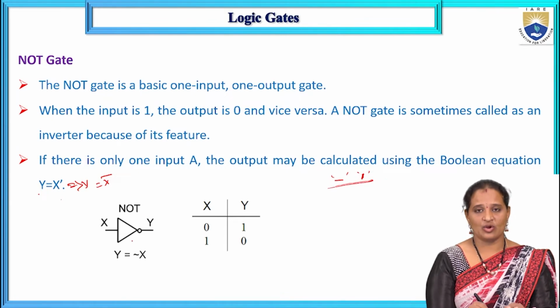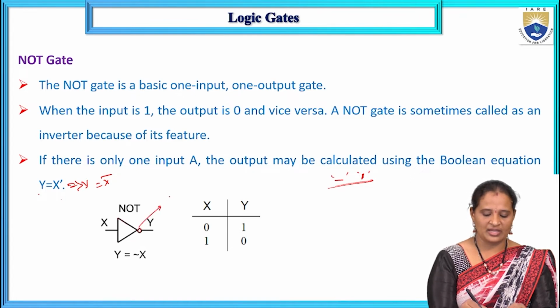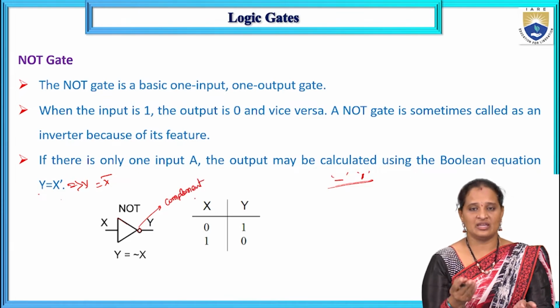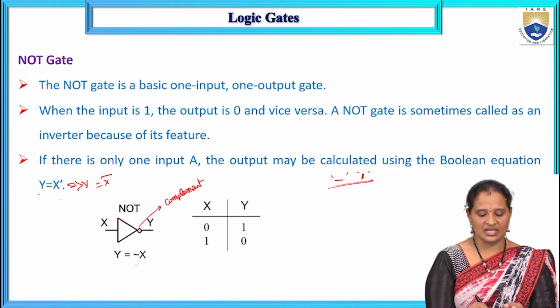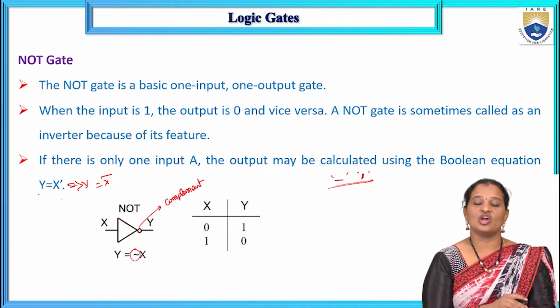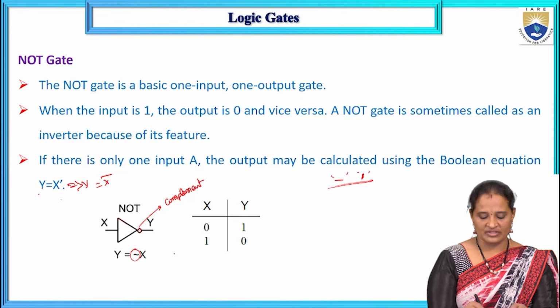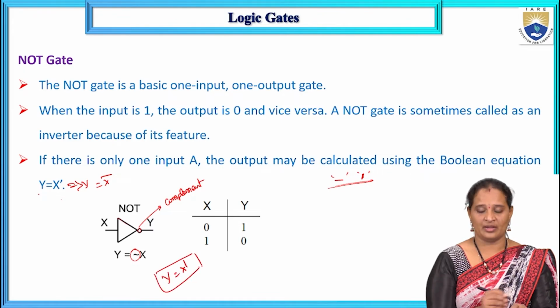So this is the NOT gate symbol. We have a bubble. This bubble indicates complement. Always remember, wherever we have a bubble, it means that the signal is getting inverted. This is the output and it performs the logical negation. So always remember Y should be represented with X complement or X bar.